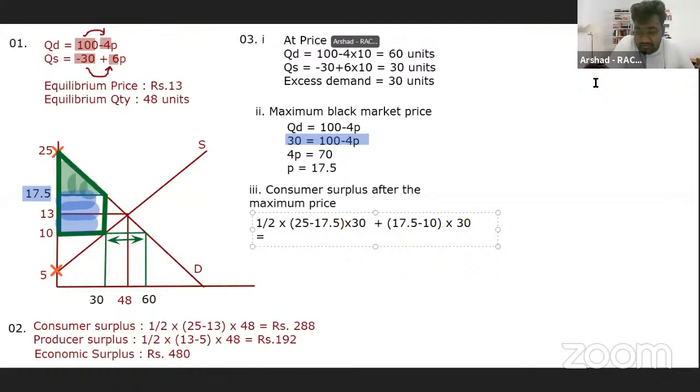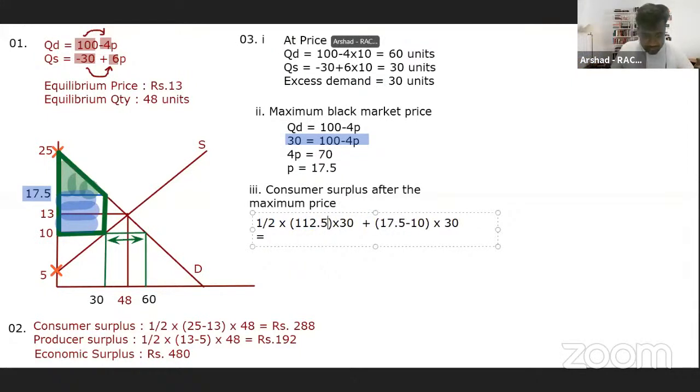300, 225, others? How much do we get? 112.5, 300 and... Okay, I'm getting so many different answers. Okay, first component, guys, tell me this. 25 minus 17.5, right? Okay, I'll use my calculator also. It's 112.5.